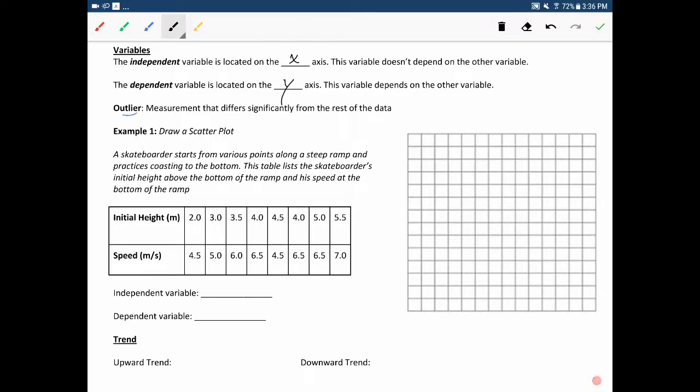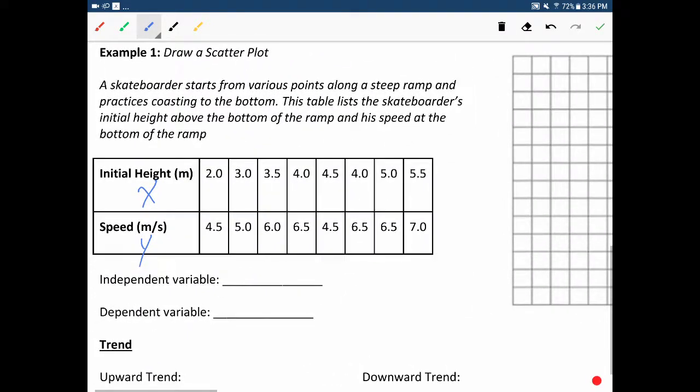Obviously the x value here is going to be the initial height because the initial height is what affects his speed. So that will be our y. Our independent variable is height, and the dependent variable is then speed. The higher we start, the faster the speed is going to be. It's not that your speed affects how high you started because that part already happened.